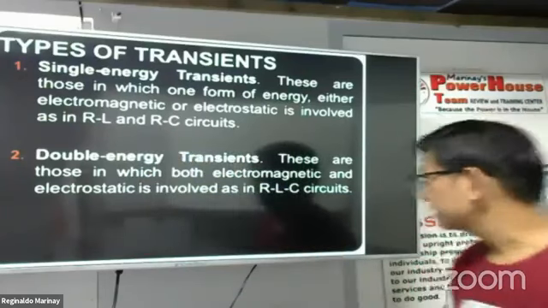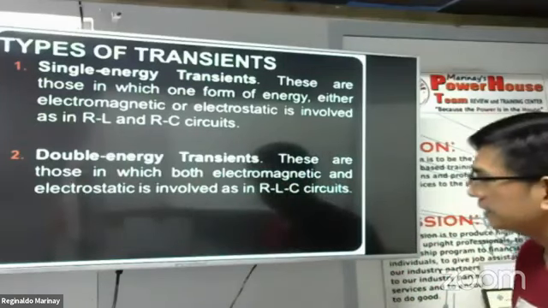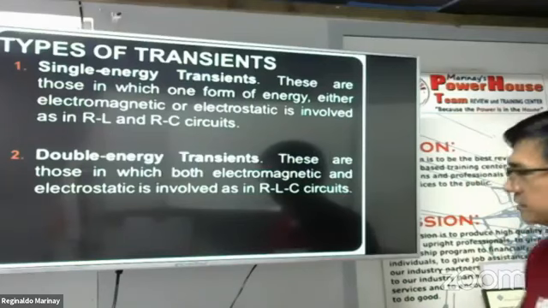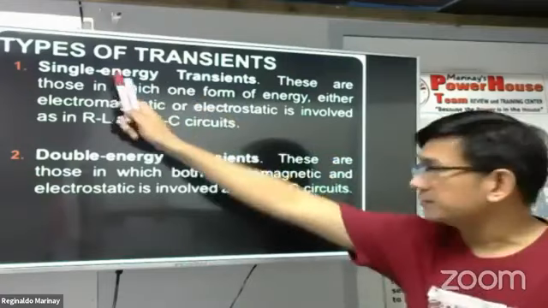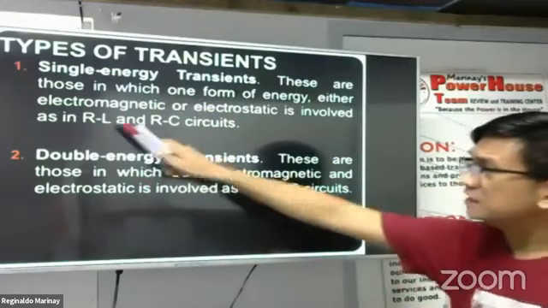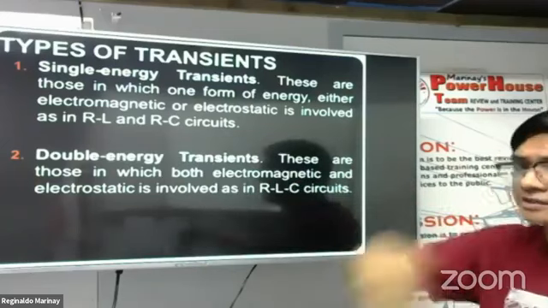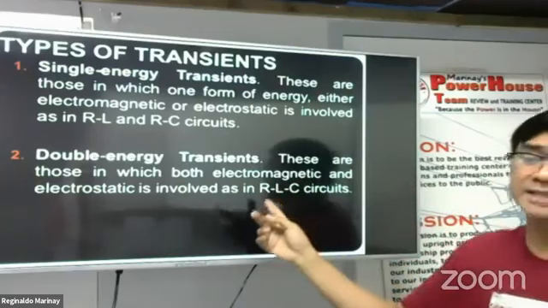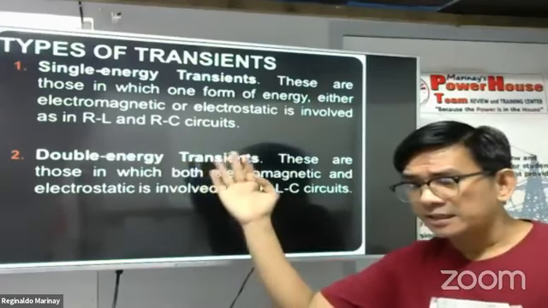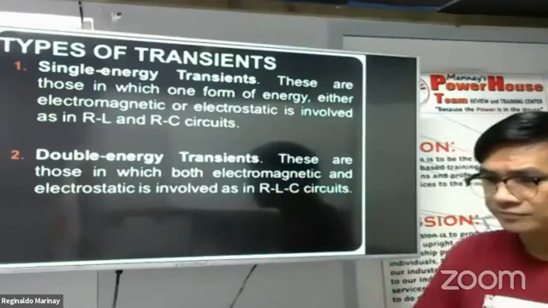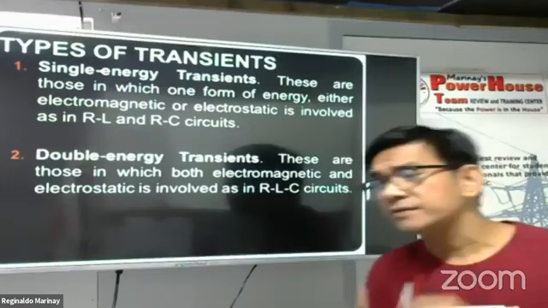Double energy transients. These are those in which both electromagnetic and electrostatic energy are involved, as in RLC. It is called single energy because it is either RL or RC. But if you combine the L and C, let's say you have a series RLC circuit, that is called a double energy transient. Keep in mind that there is an opposing effect between the inductor and capacitor.